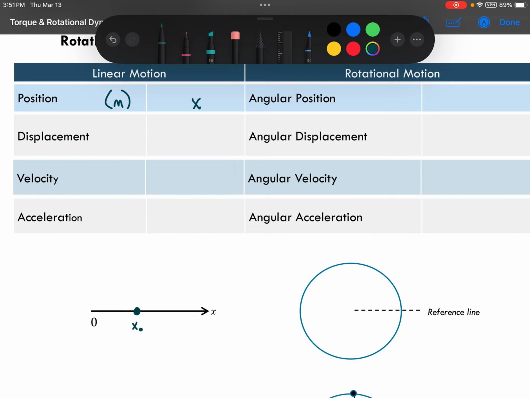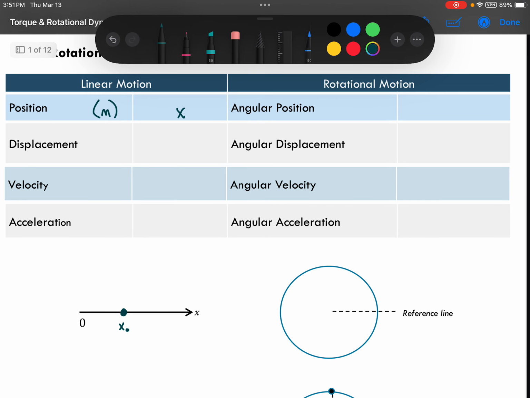Let's take a look at what we're measuring for rotational motion. So I mentioned that we have this object with a fixed shape, and we're going to be able to see how it's rotating through space. So what we're measuring, the angular position, is going to be a measurement of theta.